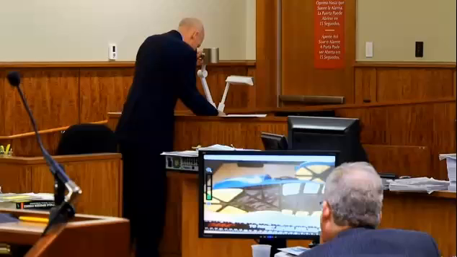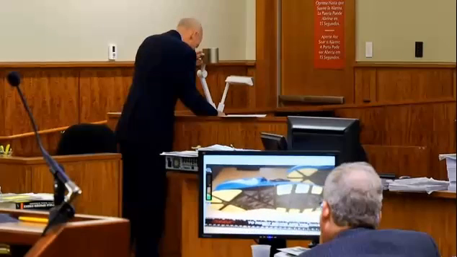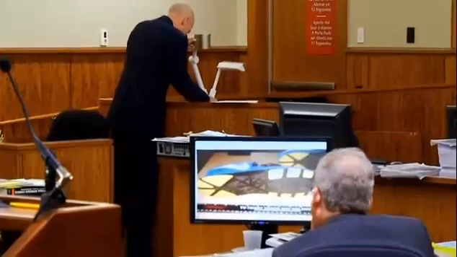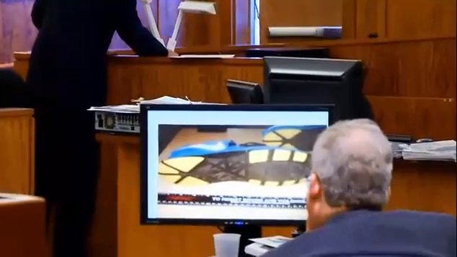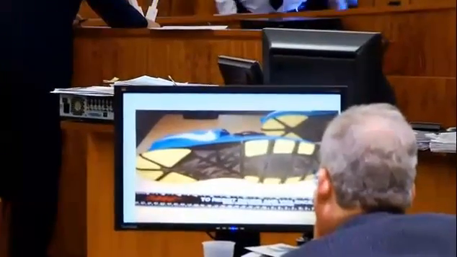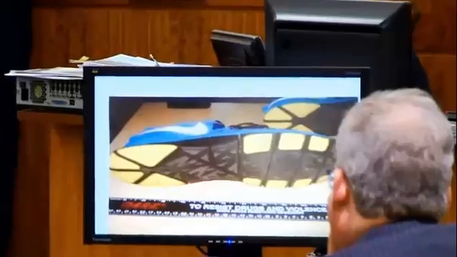What do you recognize this to be? It's a pair of Nike shoes that were worn by a witness at the scene. I believe his last name is Kent. Does this depict the outsole of that shoe? It does. And is that the right shoe? It is the right shoe.